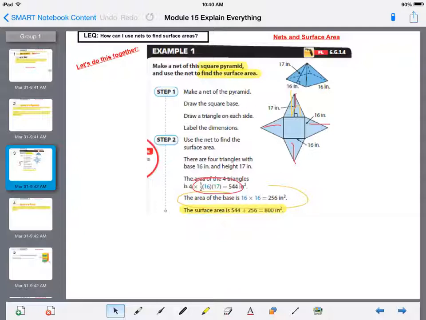And so when we add up all of the faces, which is 544 inches squared, plus the base, which is the square, that's 256, the entire surface area of the square pyramid is 800 inches squared.